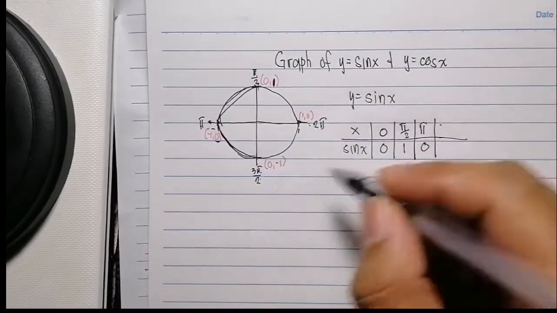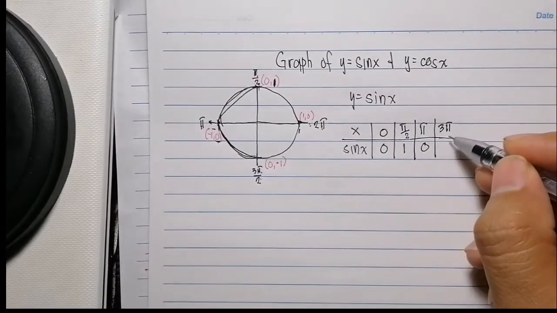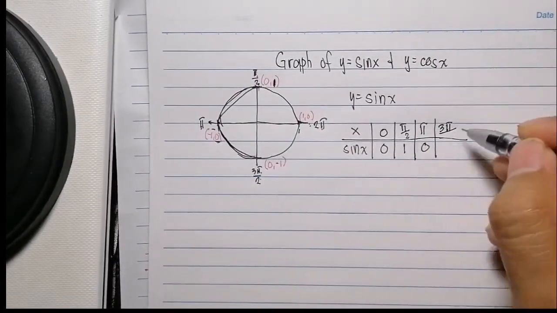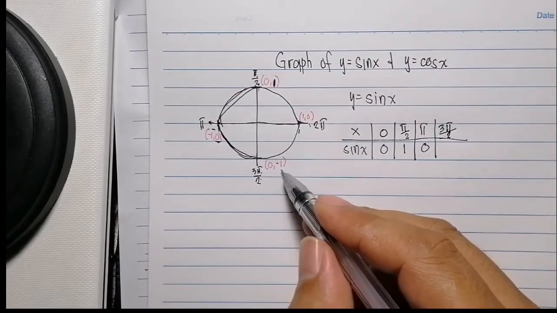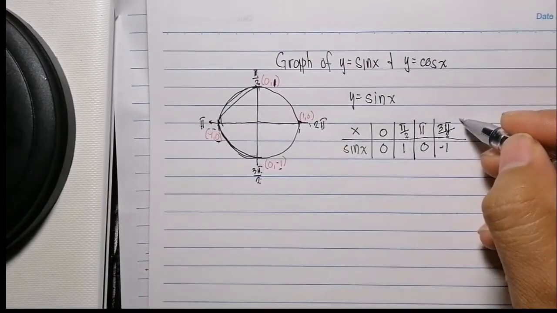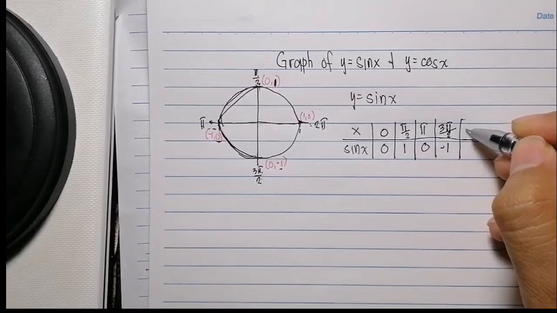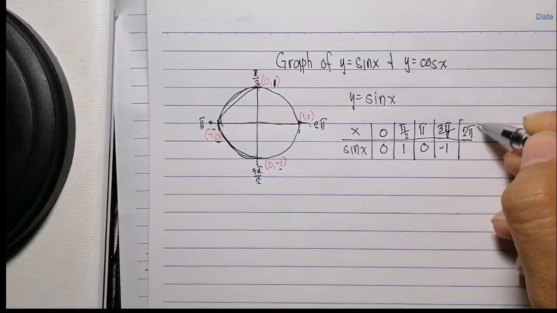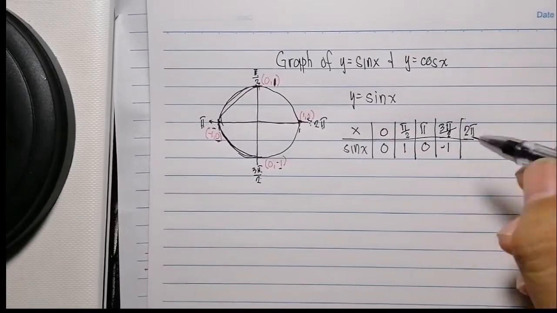If x is equal to 3 pi over 2, then your sin x is equal to negative 1. If your x is equal to 2 pi, then your sin x is equal to 0.